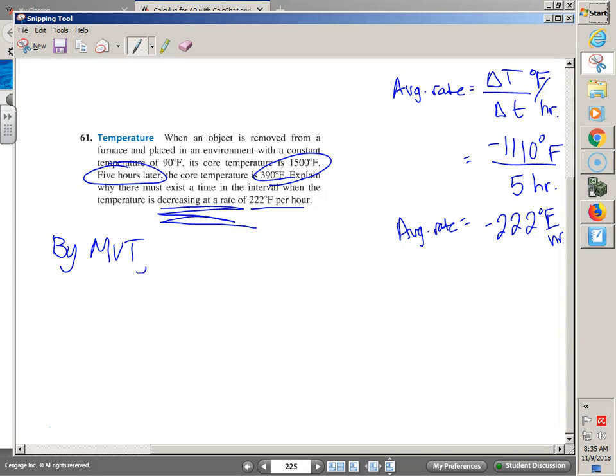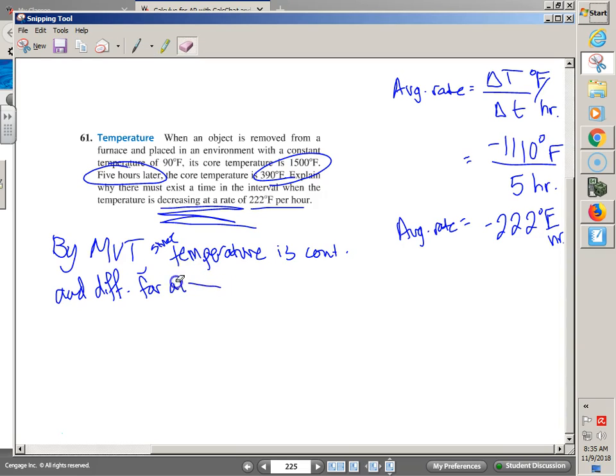As long as a function is, so we can say since temperature is continuous and differentiable, it's like motion, for all times. You could say at all times, that's a little bit better.